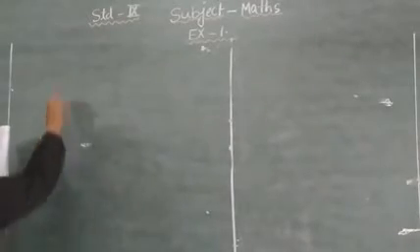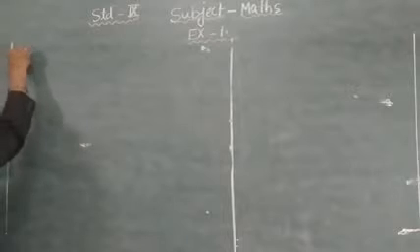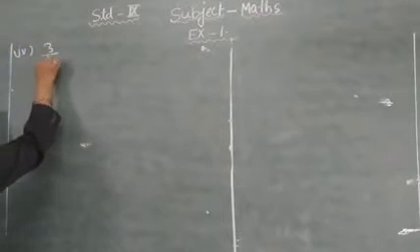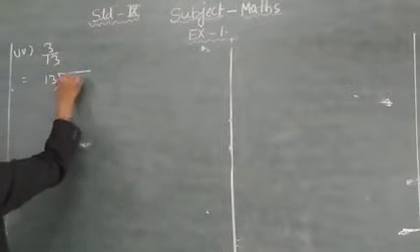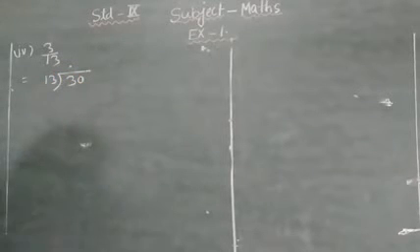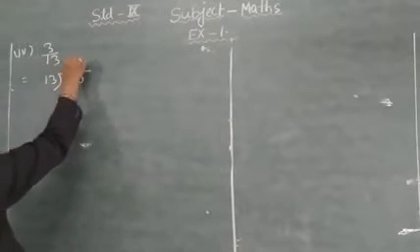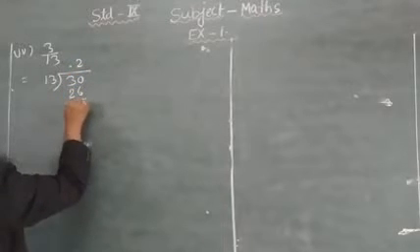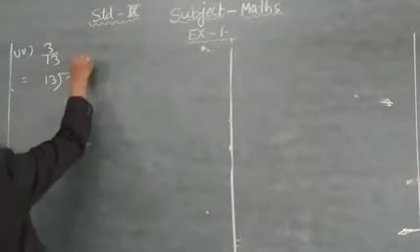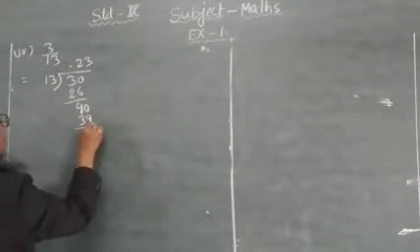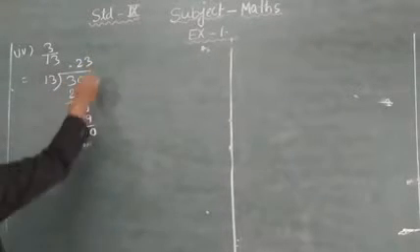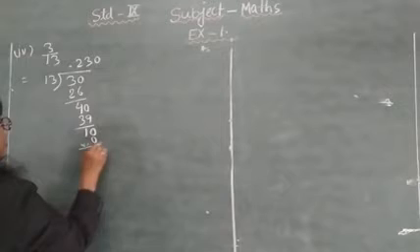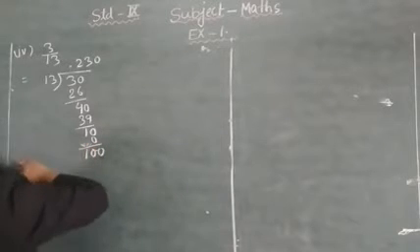Now see the fourth one, 3 upon 13. Here 13 is the divisor, 3 is the dividend, so put 0. This is 30. 13 times 2 is 26, remainder 4. Then 40. 13 times 3 is 39, remainder 1. Then 10. 10 cannot be divided, so take 0 here, then it will be 100.